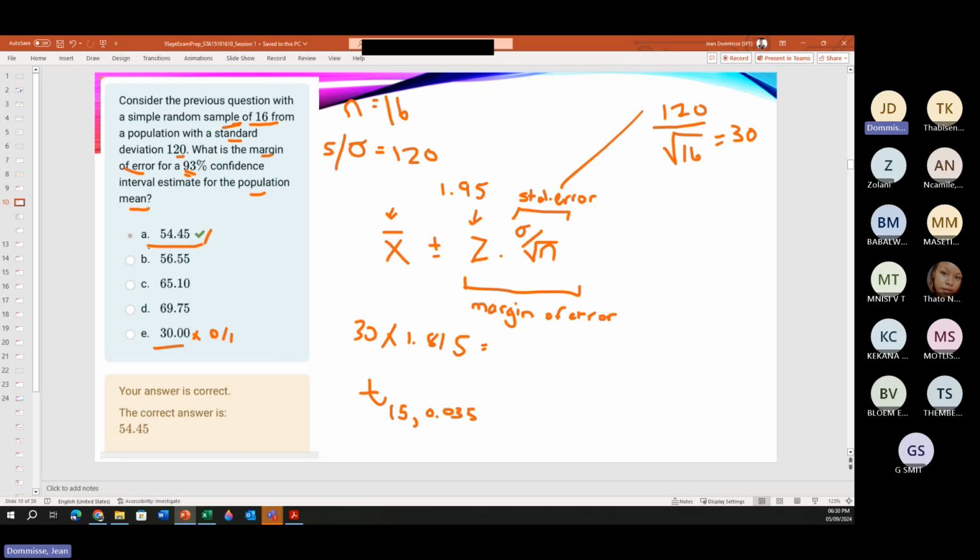Okay, so how do we know from this question that we are actually working with a population standard deviation?